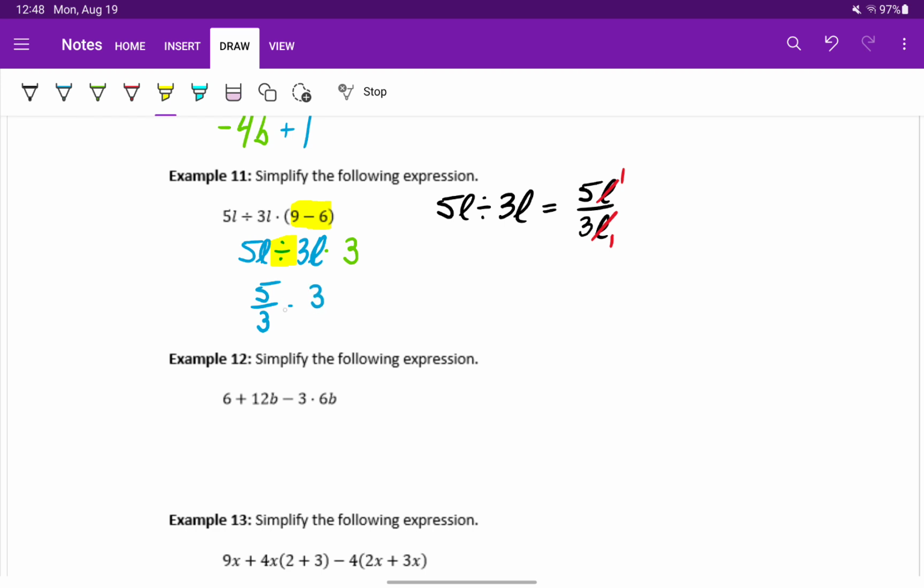This means our last step is this multiplication step. If it helps, keep in mind that we can always write a whole number as a fraction over 1, and then we can see how these values will cross cancel. 3 divided by 3 will just reduce to 1, and our final answer here will just be 5.